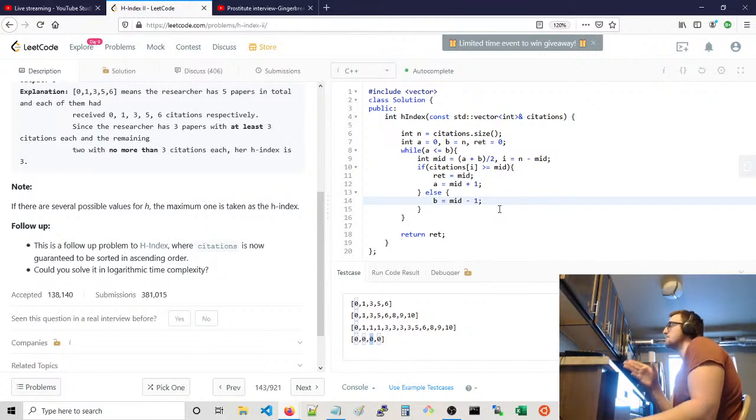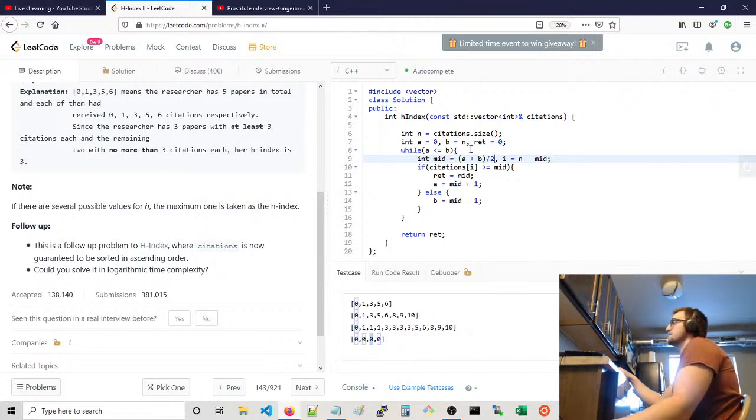So B is now 1, A is 0, and now you add these two together: 0 plus 1 divided by 2 is 0, so the midpoint is 0. And this is actually why we're getting an issue, because I is n minus 0. 0 is always a possibility, sort of by default, but we don't need to check 0. 0 is just true by default.